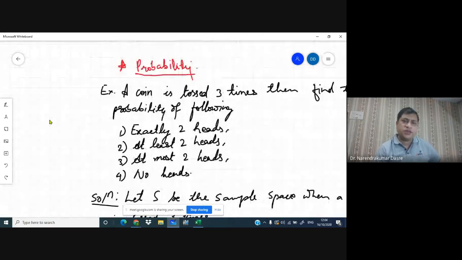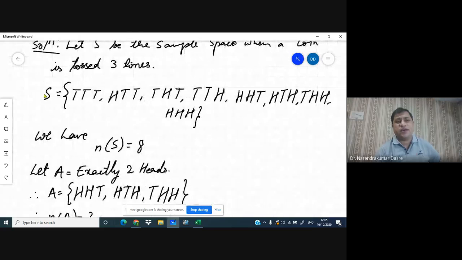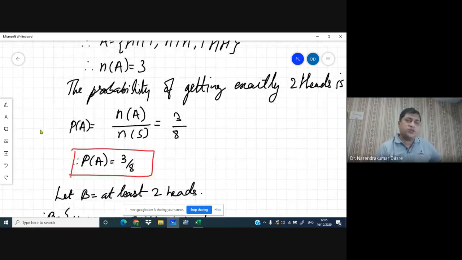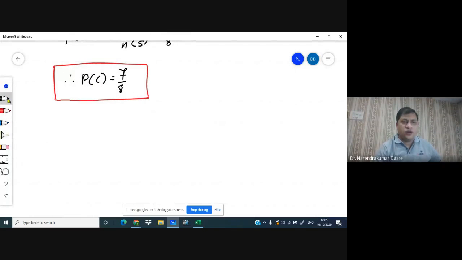The next event is that there are no heads. You can see the sample space and then guess the observation where there are no heads. These observations contain heads, but this observation does not contain a head. So this is the observation with no head. Let us define the event: let D be the event that we have no heads.